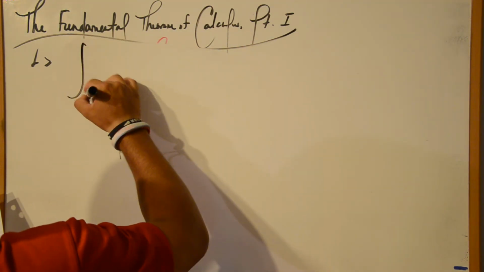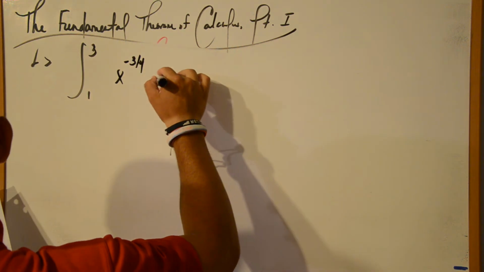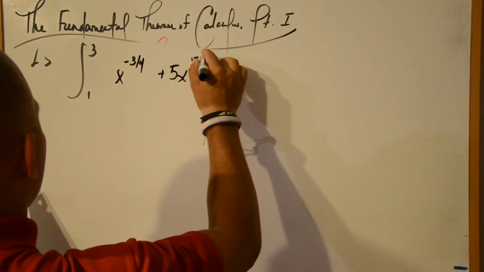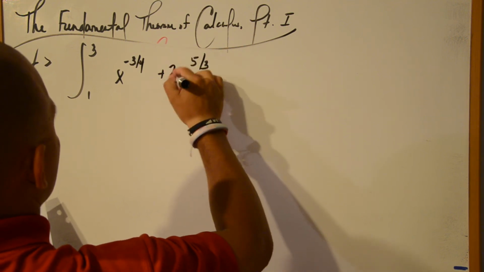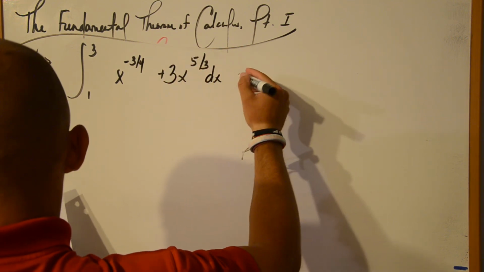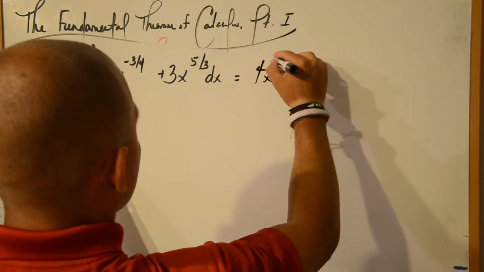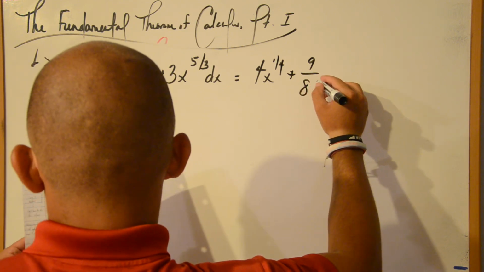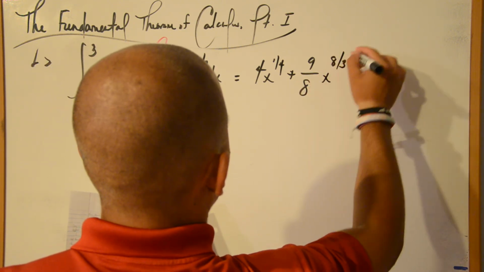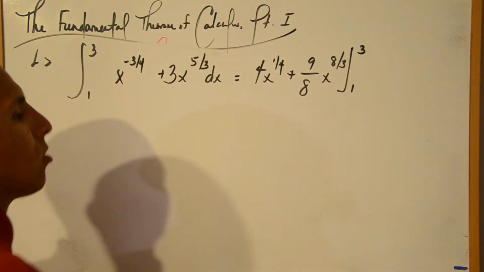Let's say we had the integral from 1 to 3 of x to the negative 3/4 plus 5x to the 5/3 dx. Okay. If we decide to anti-derive this, why not put this? Okay. Or we can just simply substitute our bounds in now.